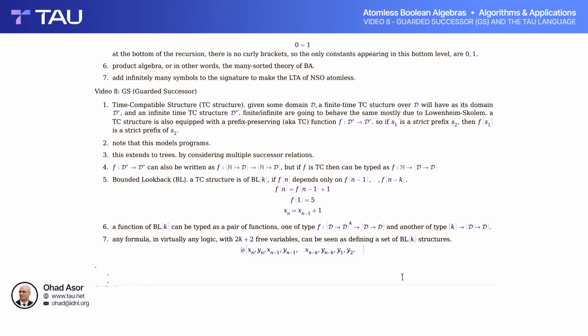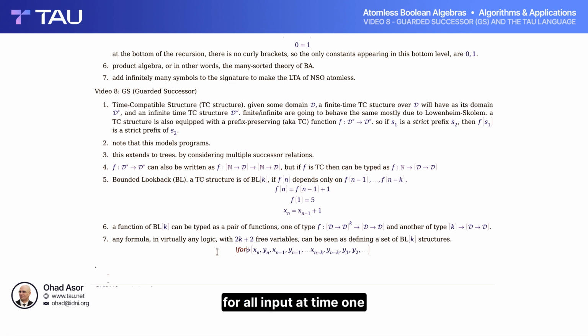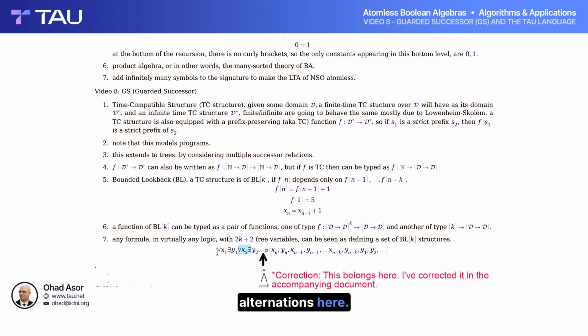Well, it's obvious. You should see this as having the infinite quantifier prefix: for all input at time 1 exists output at time 1, such that for all input at time 2 exists output at time 2, and so on. And note that there are infinitely many quantifier alternations here, and the quantifier structure defines time compatibility.